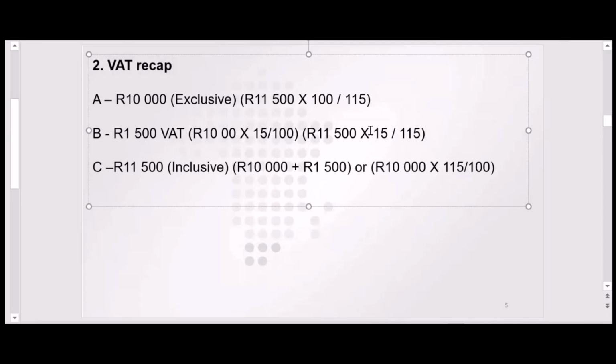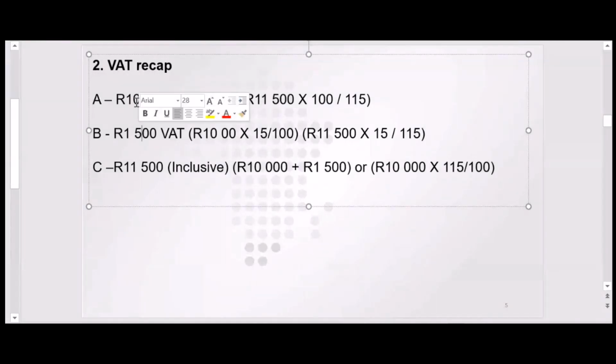Let me just start from the beginning. If you are given A and you are required to calculate B and C, I think that's the easiest one. When you are given a VAT exclusive amount and you are required to calculate the VAT amount and the VAT inclusive amount, what you will do is straightforward. You take 10,000 multiplied by 15, divided by 100, or 10,000 multiplied by 15%, which will give you 1,500.